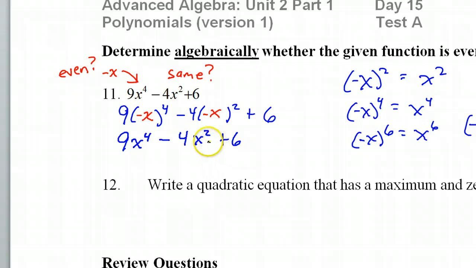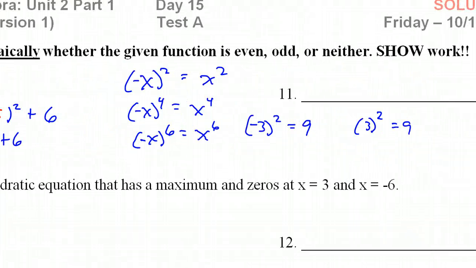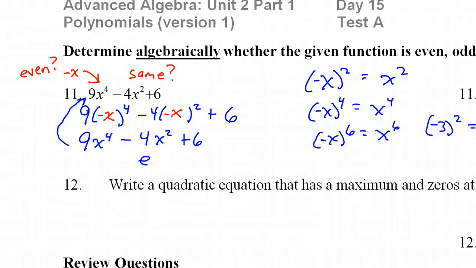And that brings me right back to the original function. So that means this is even. Oh, guess there's an answer line. Even. Alright, the key is to show that you're plugging in negative x and show that you're getting the same function that you started off with. As far as showing your work, that's the key.